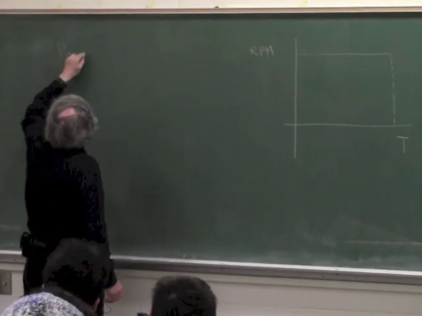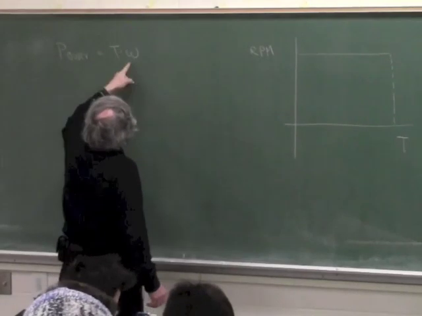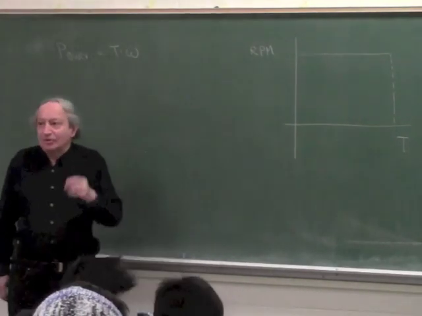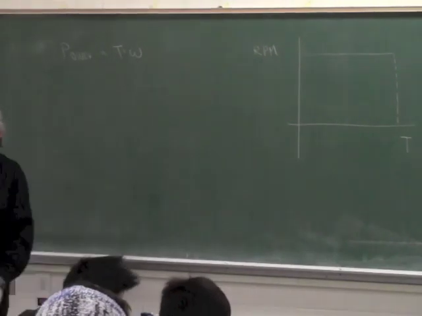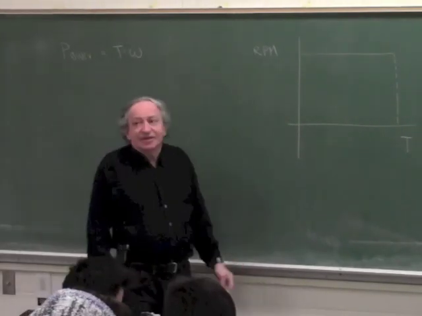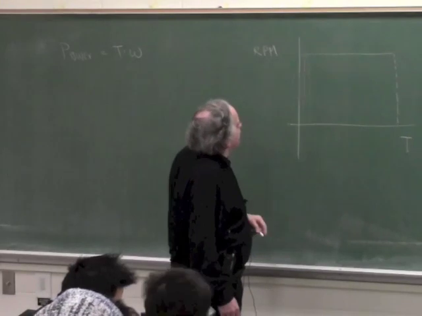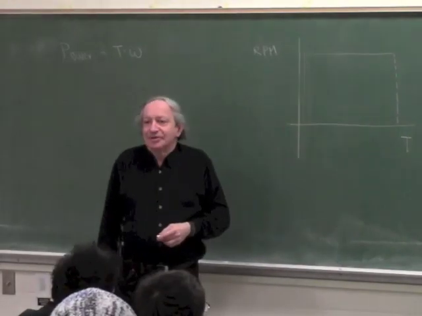Because power in a motor, of course, is T times omega, torque times angular velocity, where omega is proportional to RPM. If you have a motor like that, then at very low speed it actually has very little power coming out.